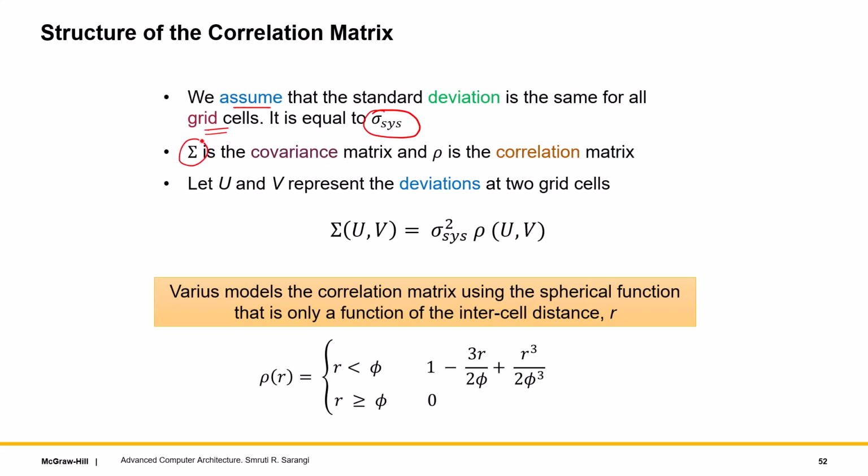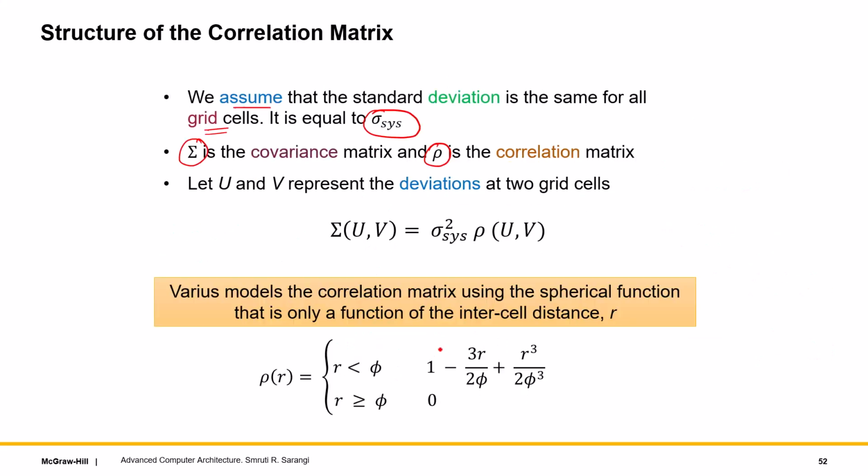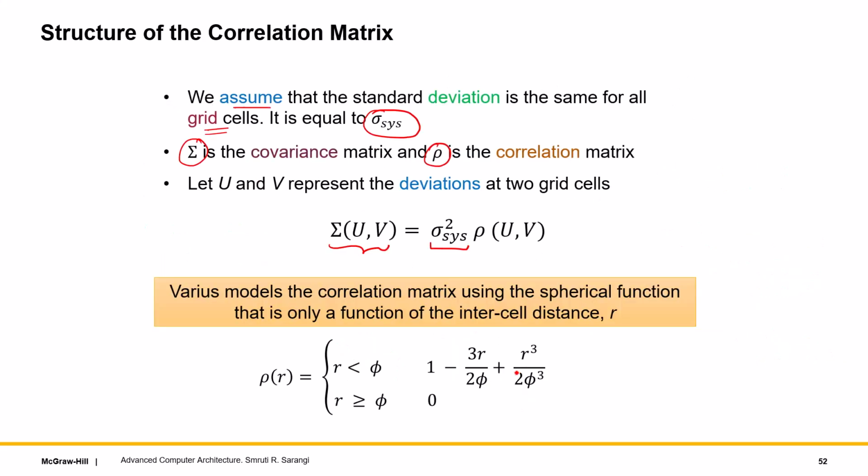Now if I look at the covariance and correlation matrices, I can simply use this equation and say that the covariance uv is sigma sys squared. Why sigma sys squared? Because sigma u and sigma v are both equal to sigma sys. So sigma sys squared times rho uv.